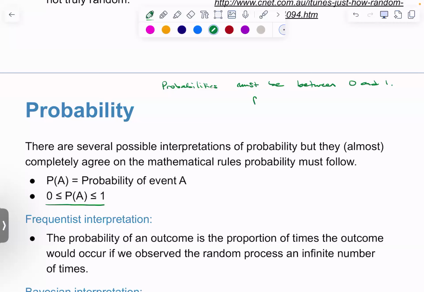The probability of A has to be between 0 and 1. How we read this probability notation is, you read this as the probability of A. So the probability of some outcome A.